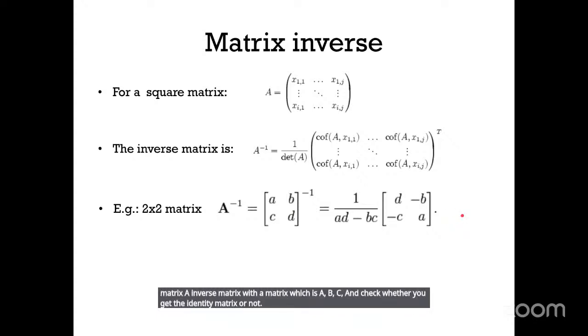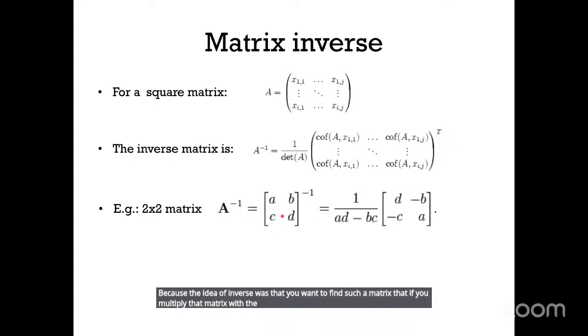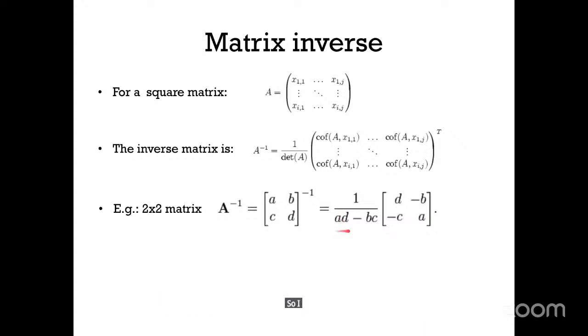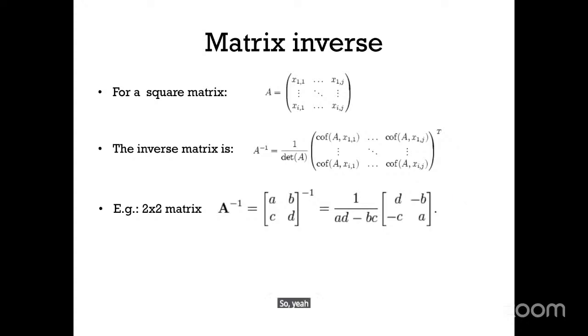The idea of the inverse was to find a matrix such that multiplying it with A gives you an identity matrix. So A inverse is defined like this in the square matrix case. I highly recommend you multiply this matrix with A and see whether you get the identity matrix. I will leave you with this exercise again.